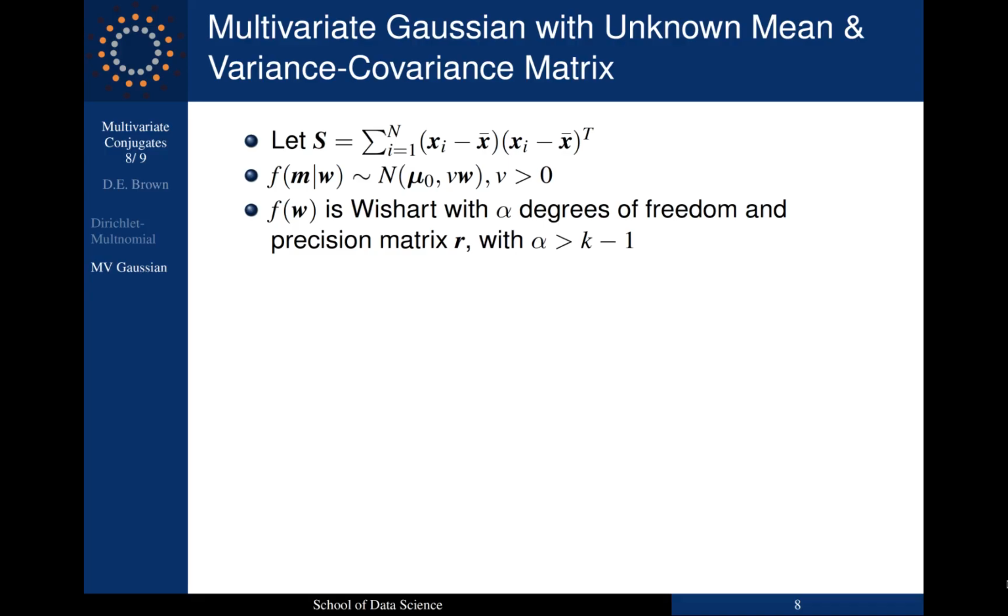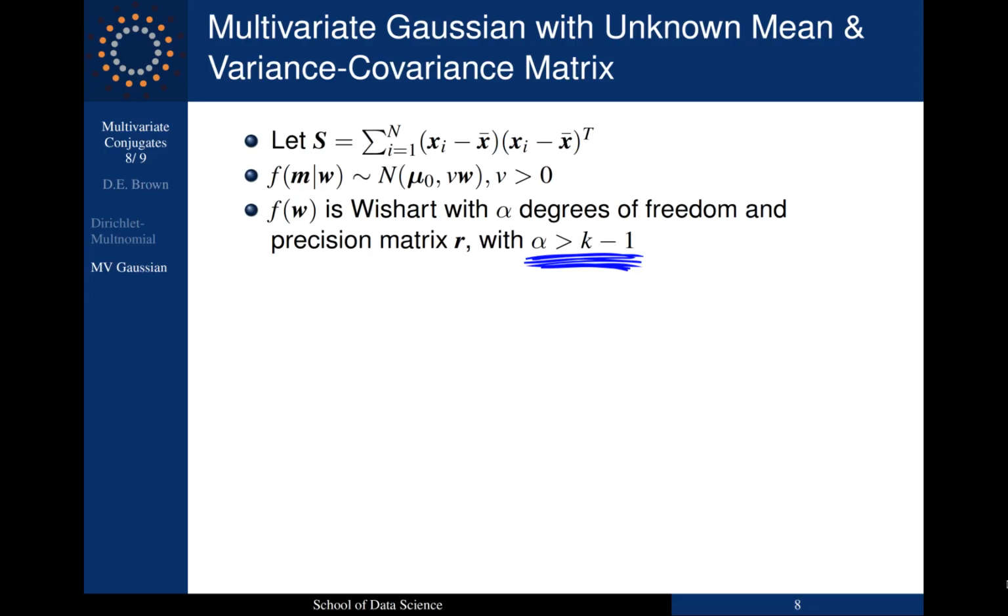And the Wishart, very much like the gamma, has two parameters. One parameter, alpha, is the degrees of freedom, and the other parameter, bold R, is a precision matrix. The degrees of freedom have to be greater than k minus 1. And recall that k is the number of variables that we have in our likelihood function.